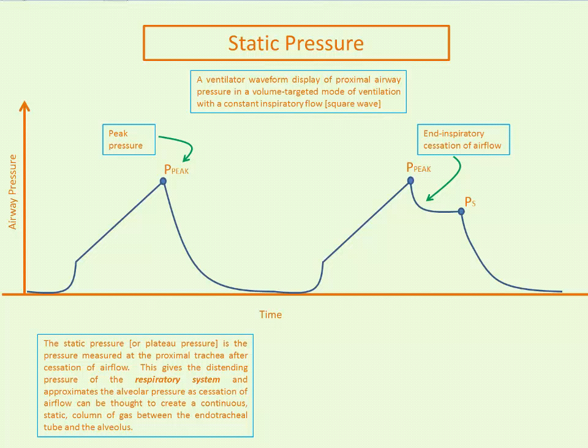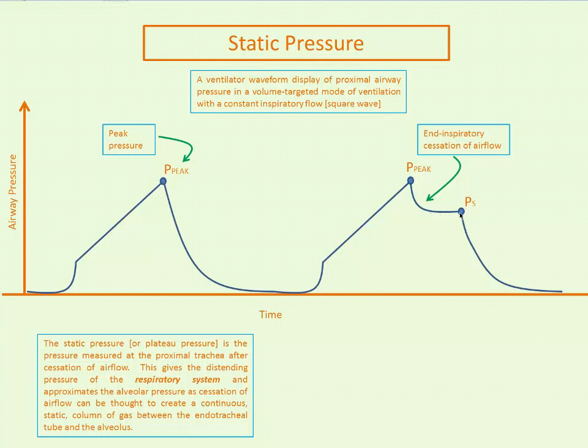The static pressure, or plateau pressure, is the pressure maintained at the proximal trachea after a cessation of airflow, so that you give the patient a breath, inspiration, expiration, inspiration, hold, you push a button on the ventilator and it stops flow at the end of inspiration here, and then it plateaus out.